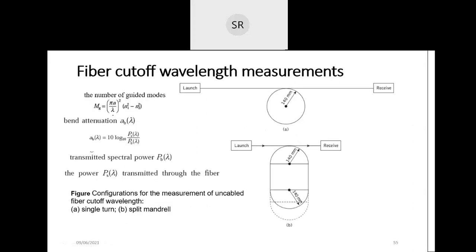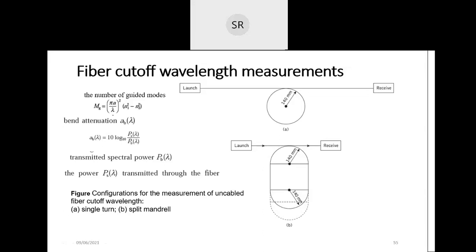So now here we can see another method of measurement, that is the fiber cutoff wavelength measurement. Generally, if we consider the fiber, the operation of a fiber, whether it is single mode or multi mode, depends upon the cutoff wavelength of the fiber.